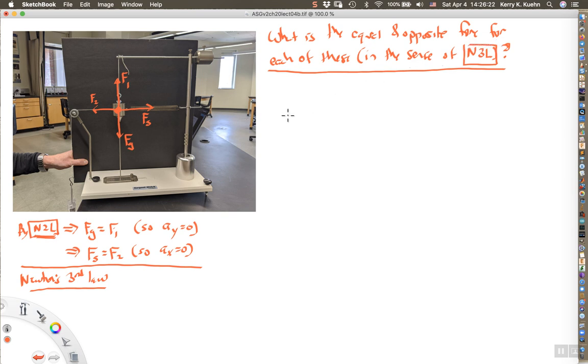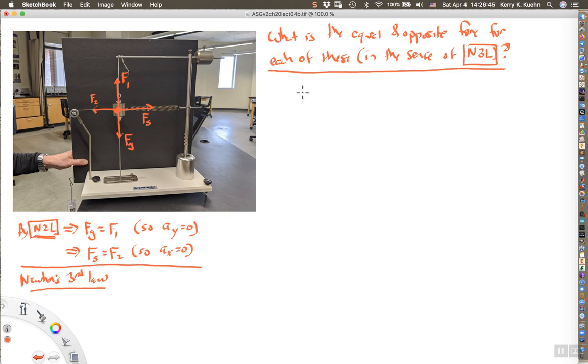How do we know that? Well, because we know, according to Newton's third law, that any force has an equal and opposite force, but those equal and opposite forces act on different bodies. So for example, when Newton's talking about his third law, he says, if my finger is pushing on a stone, the stone is pushing on my finger.